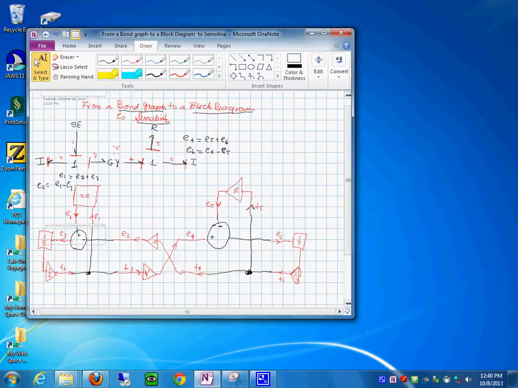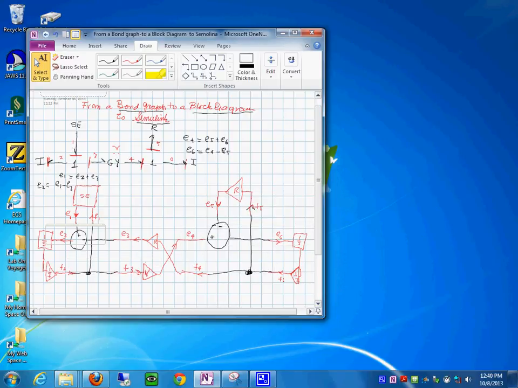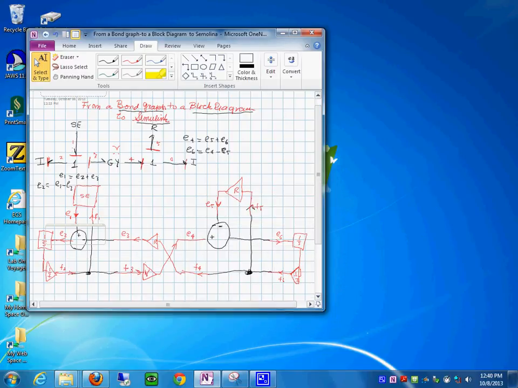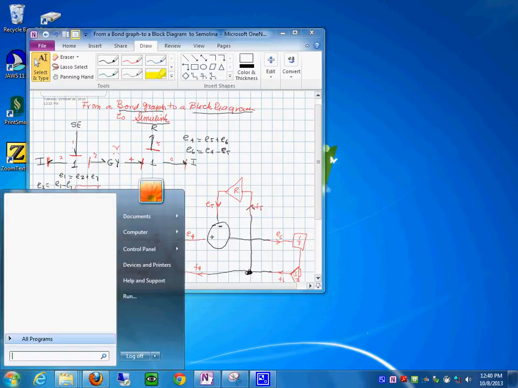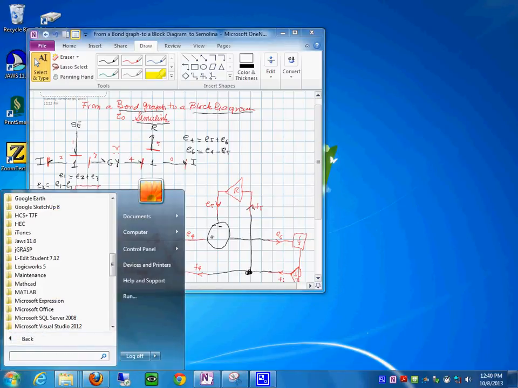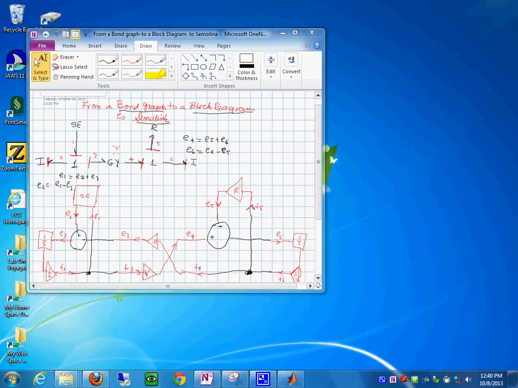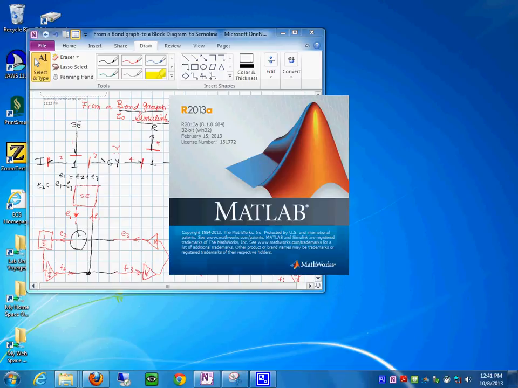And then I'll just go into SIMULINK to give me some ability to do this block diagram. So I will have to first run MATLAB, and MATLAB of course is the main program. SIMULINK is a toolbox of MATLAB. So let's just wait and see what it does.